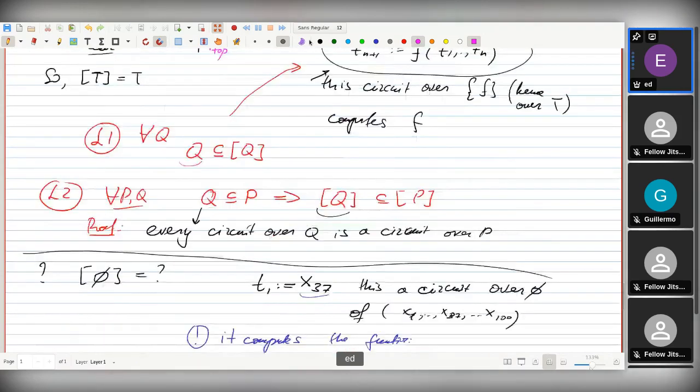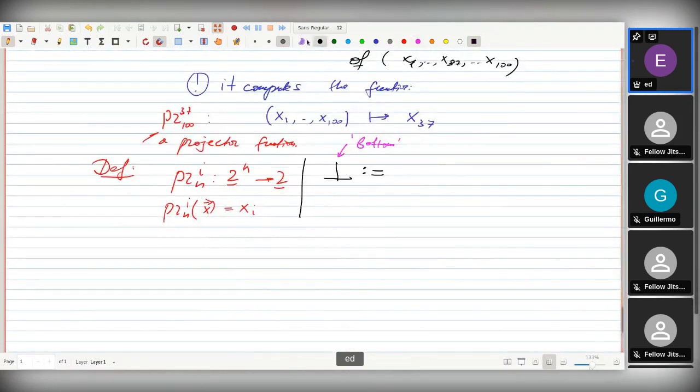And here we have the bottom symbol. What is it? It is the set of all functions which are projectors, where n runs over positive naturals and i is less or equal than n. Is this idea clear?